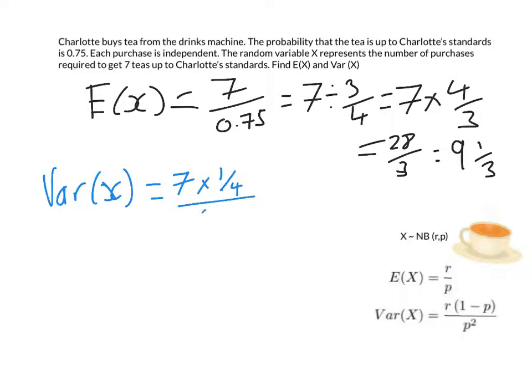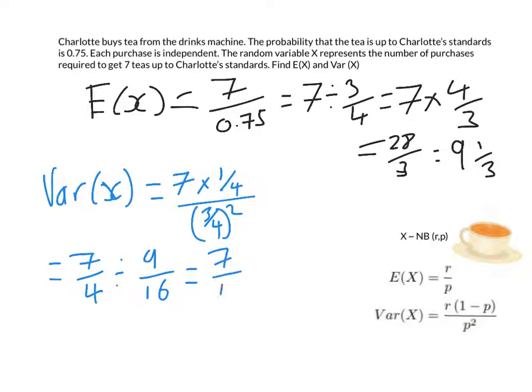So that's 3 over 4 squared. So I've got 7 over 4, and then we're going to divide by 9 over 16, because that's p squared. 3/4 or 0.75 squared is 9 over 16.